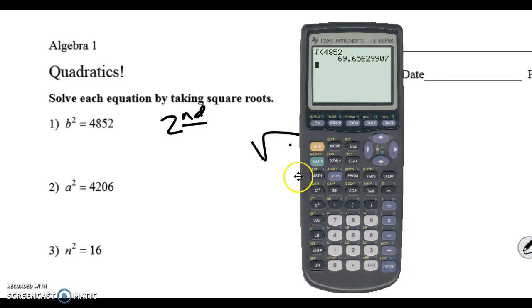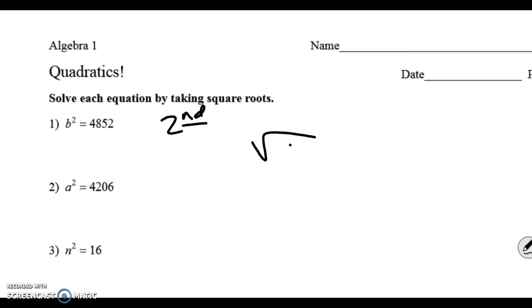And we just hit enter. And we have this really long complex number. Well, that's okay. We're just going to write down to the second decimal place. So 69.65, although in this case we're going to shove it up to 69.66. So let's write that down before we forget. 69.66.